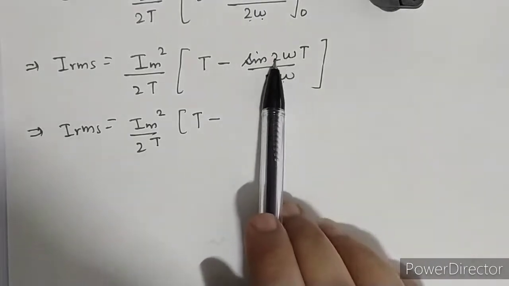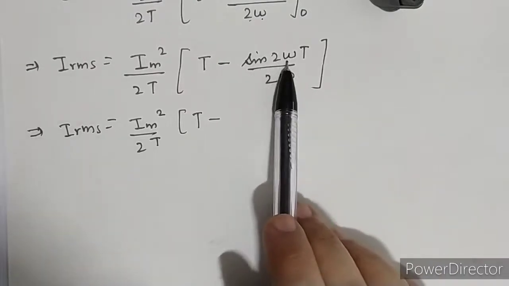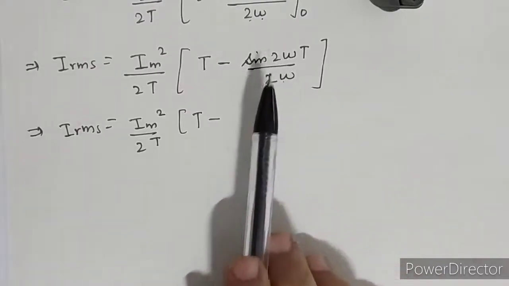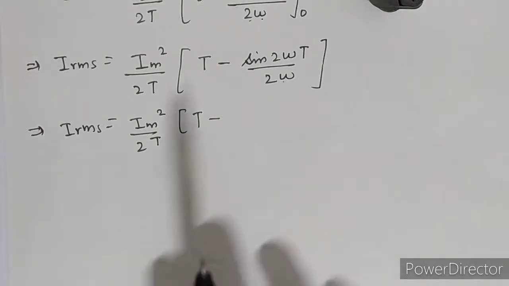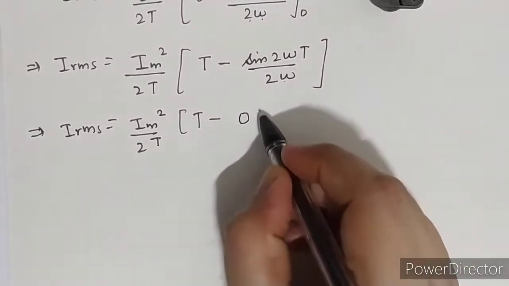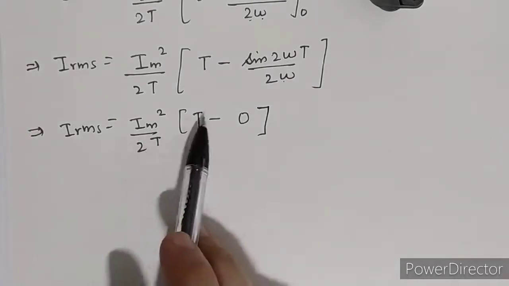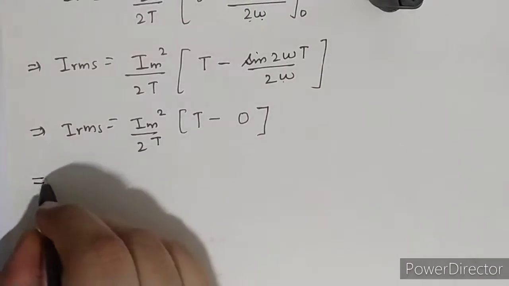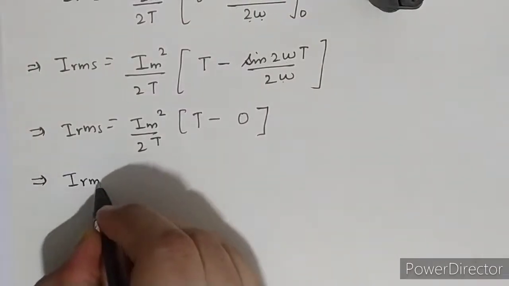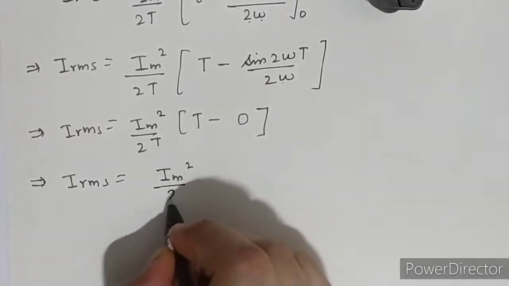The value of sine 4 pi is 0; the value of sine 0 is 0, 2 pi is 0, 4 pi, 6 pi. So this value will become 0. The remaining term, T and T having cancelled out, gives I RMS squared equal to Im square upon 2.